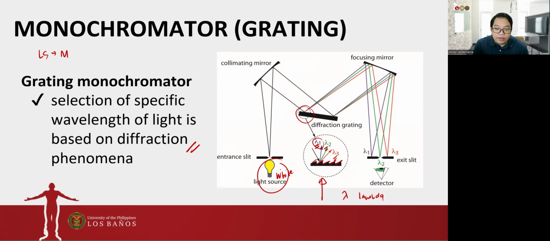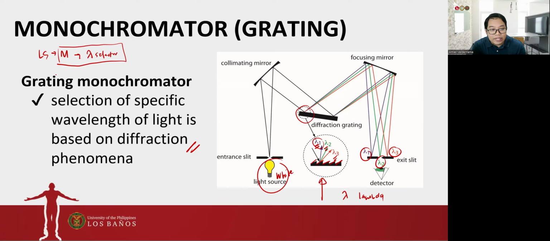Tapos, pag nag-separate na yan, followed by the wavelength selector. Usually, yung ating monochromator at wavelength selector, sometimes they are just one component. Pero to make things easier to understand, once magkaroon ng polydispersed light, papasok na yun sa wavelength selector.